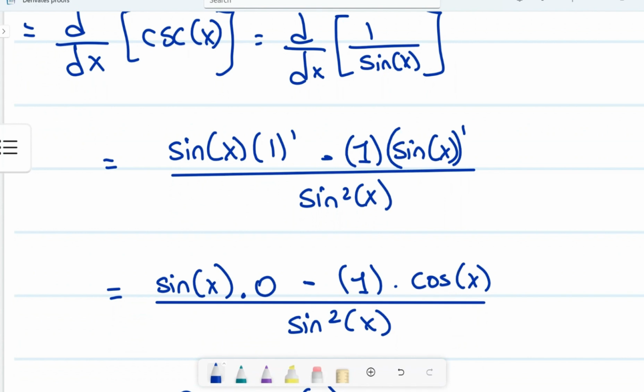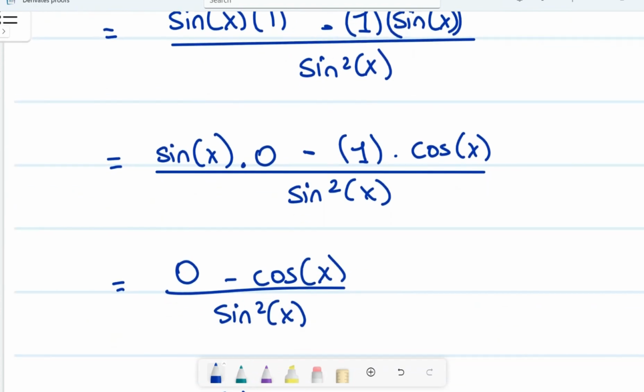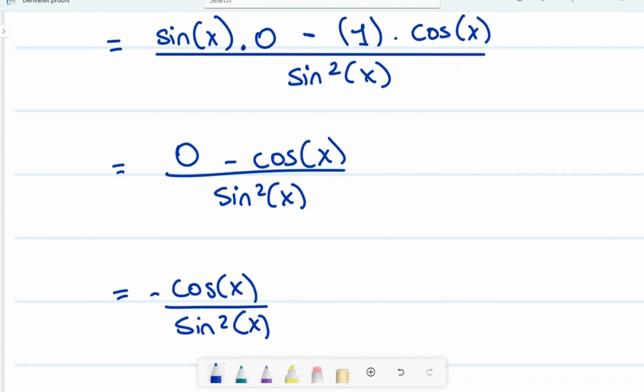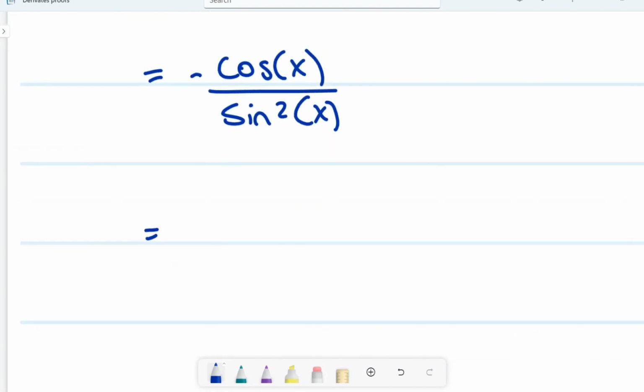So I get sine of x times 0 minus 1 times cos of x divided by sine squared of x. And sine x times 0 is 0, 1 times cos of x is cos of x, divided by sine squared of x. And 0 minus cos of x, I get negative cos of x divided by sine squared of x.